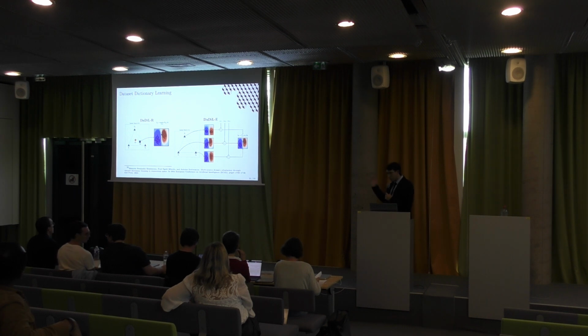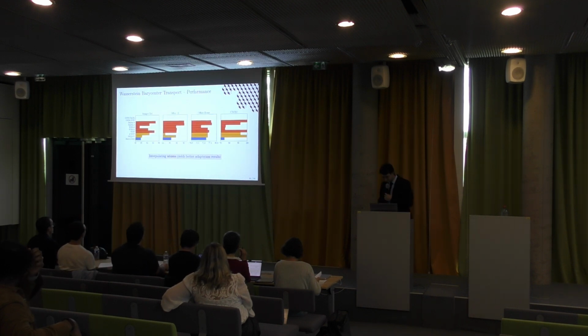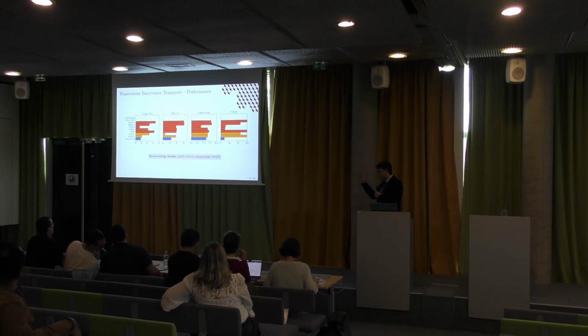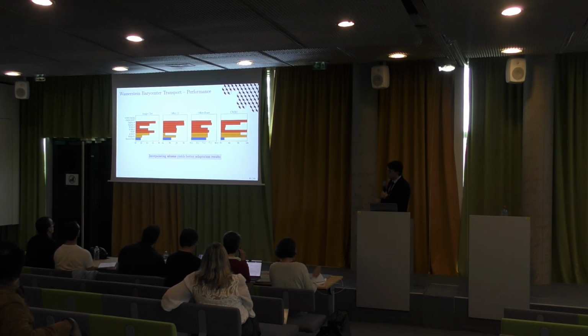So up to now, we're considering empirical distributions, right? We're representing these distributions through their samples. We tested these methods with respect to the current state of the art, and we actually showed that by doing the dictionary learning step, we actually managed to improve quite a bit in some benchmarks the performance of domain adaptation.